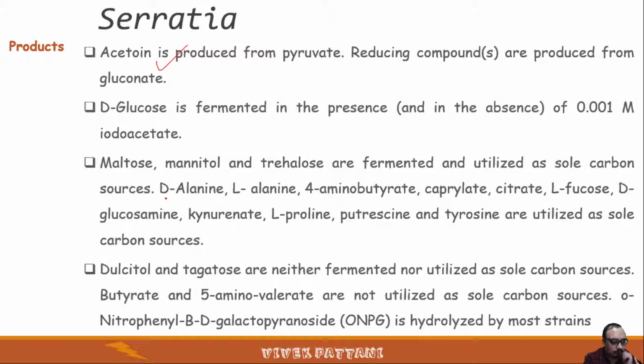D-alanine, 4-aminobutyrate, caprylate, citrate, L-fucose, D-glucosamine, kynurenate, putrescine and tyrosine are also utilized as sole carbon sources. Dulcitol and tagatose are neither fermented nor utilized as sole carbon sources. Butyrate and 5-aminovalerate are utilized as sole carbon sources.